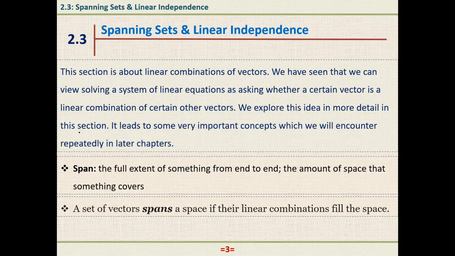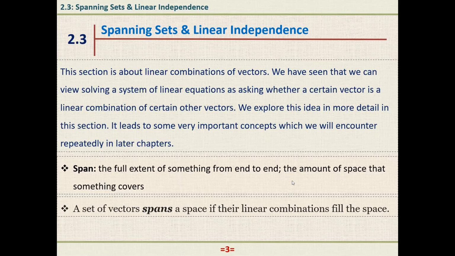So far we have been solving systems of equations, and now we will see the relationship between linear combinations and solving a linear system. As you know, first we need to form the augmented matrix. The first column will be the coefficients of x1, the second column the coefficients of x2, and so on, and you will see that they are just linear combinations of certain vectors.